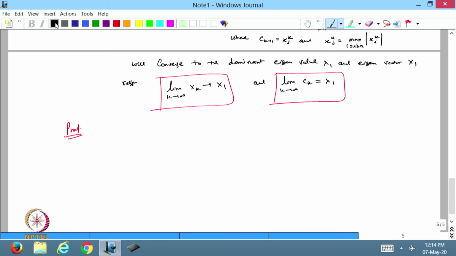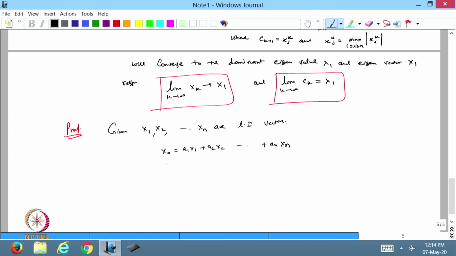Proof is quite easy. Now, given that x1, x2 up to xn are linearly independent vectors, from here I can say that any vector x naught I choose can be written as a linear combination, a1 x1 plus a2 x2 up to an xn, because these are n linearly independent vectors.